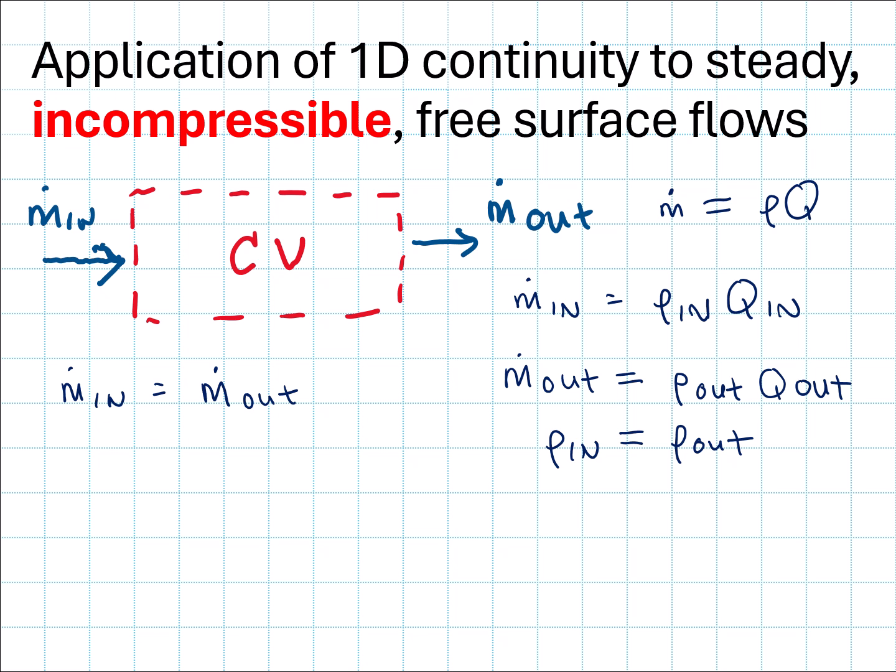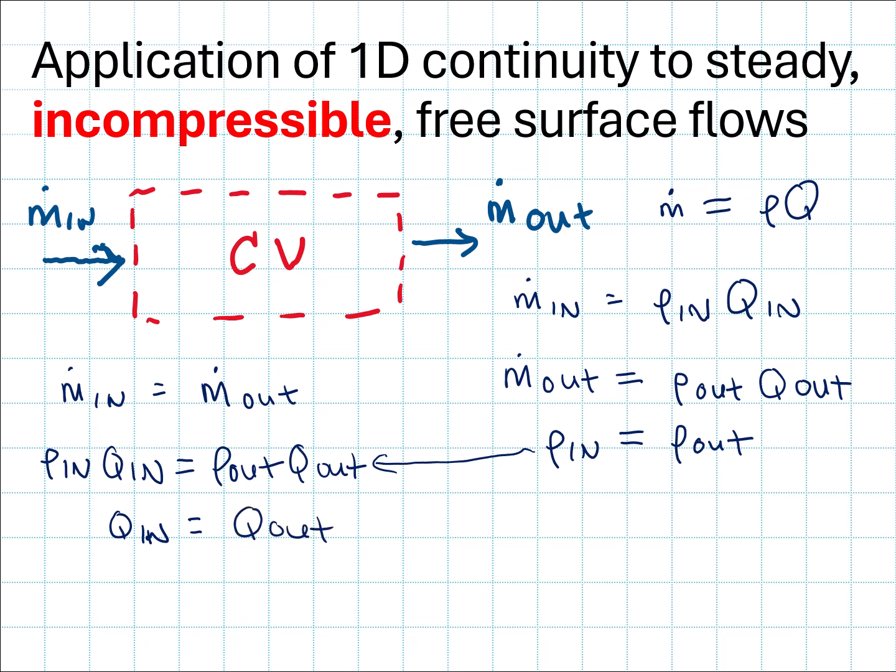And so if I rewrite my conservation equation, rather than writing in terms of mass flux, if I just write it by replacing my mass flux with my density and volumetric terms, and then I apply this information that I know that my density is going to be the same in and out, I am just left with volumetric flow coming in being equal to volumetric flow going out.